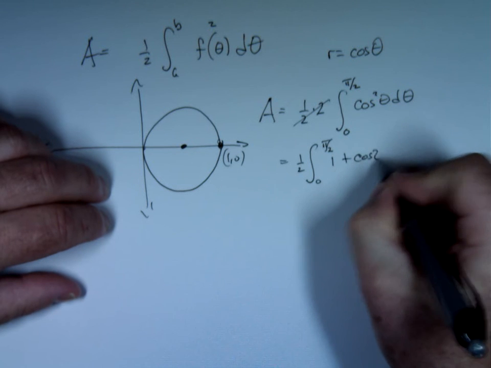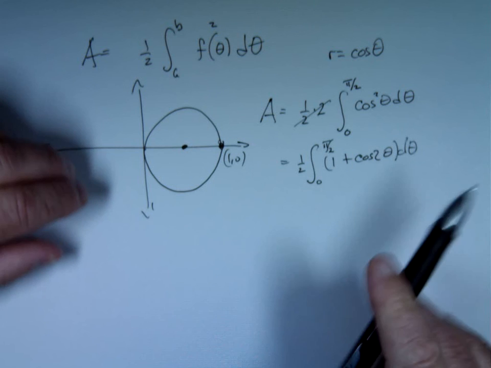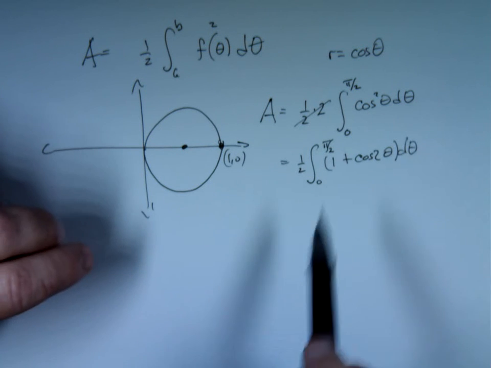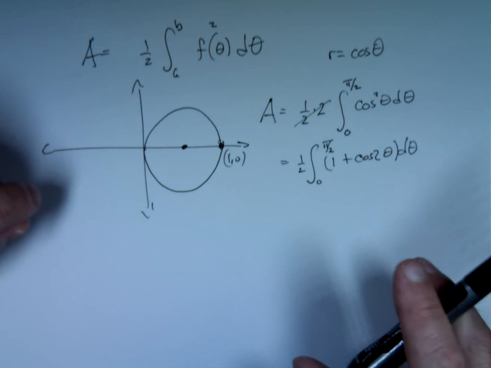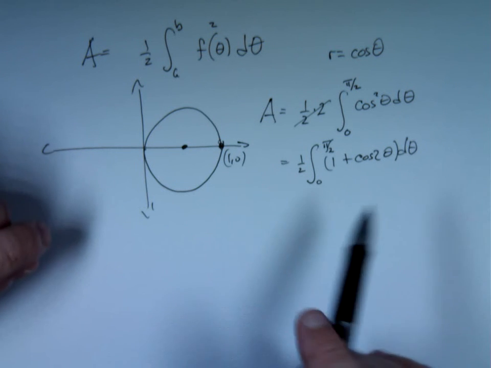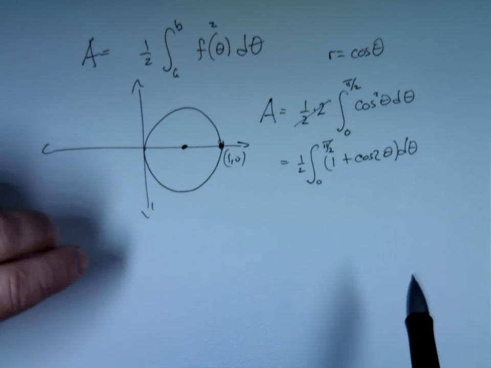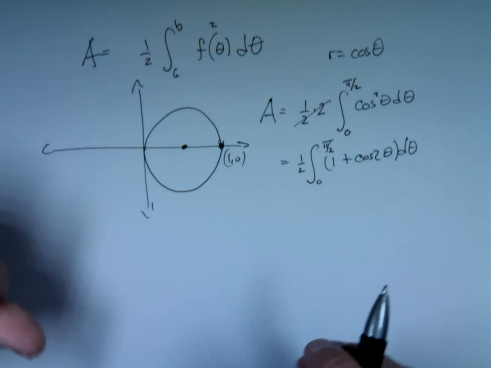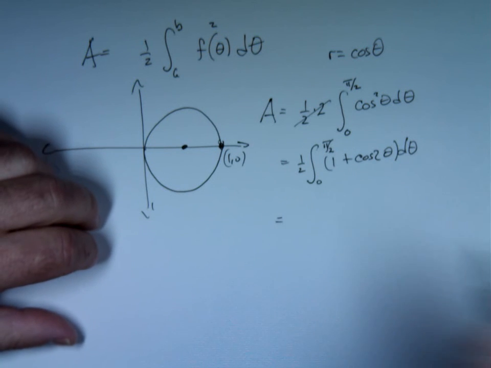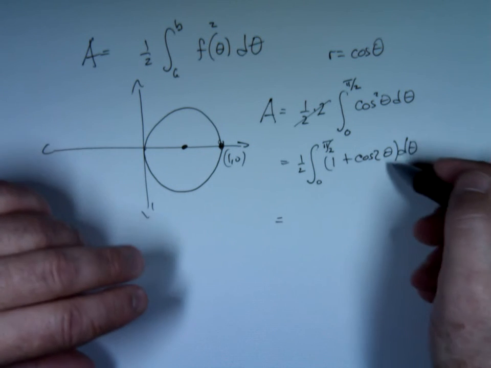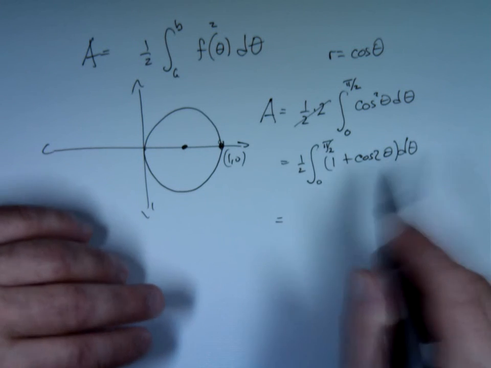I just put another half in because that's the half angle formula for cosine squared. That's how you integrate cosine squared, and that's how you integrate sine squared. You replace it with a half angle formula. The cosine squared is a plus, the sine squared is the minus. That's a Calc 2 thing. It's a half angle, really, but it looks like it should be called a double angle. But double angle is a little bit different. That's what the substitution is.